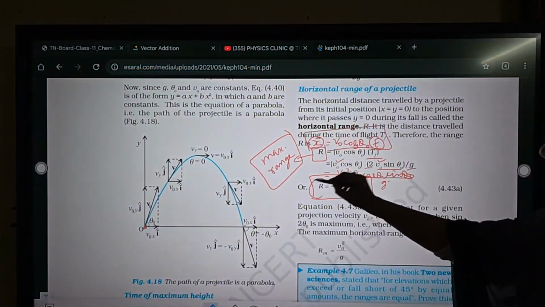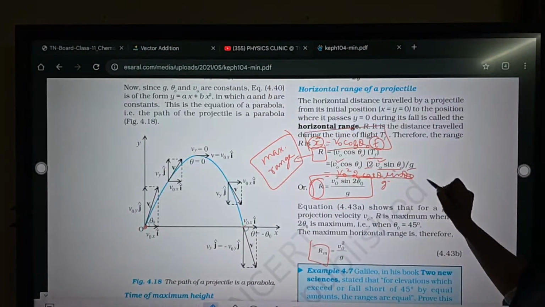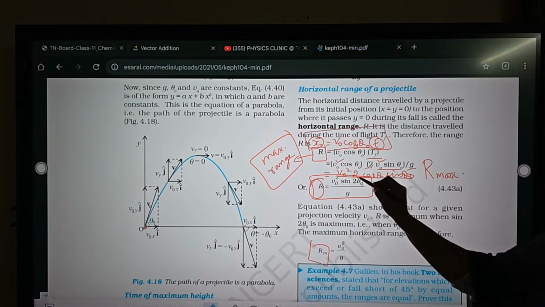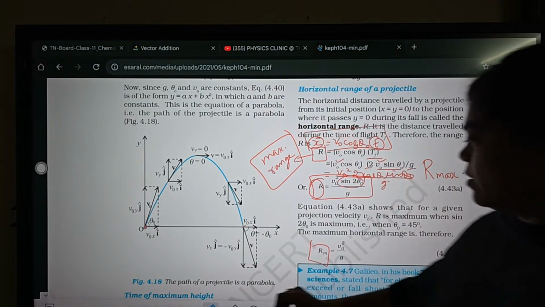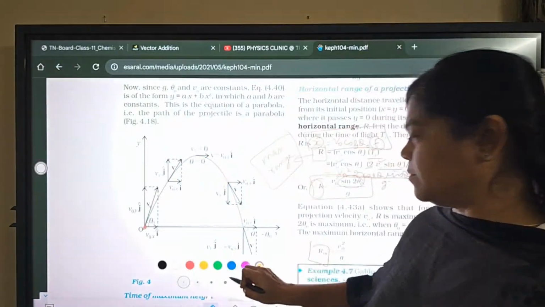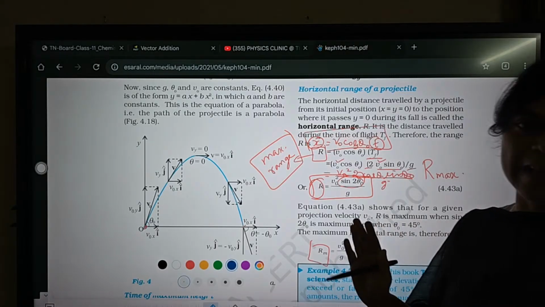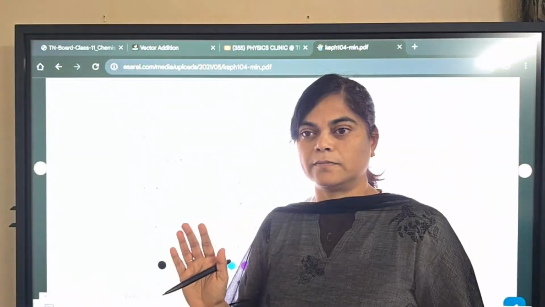If the range is maximum, that is R max, when will sin 2 theta be maximum? You know the sin values, everything I taught you in math. What is the maximum value of sin? 1.